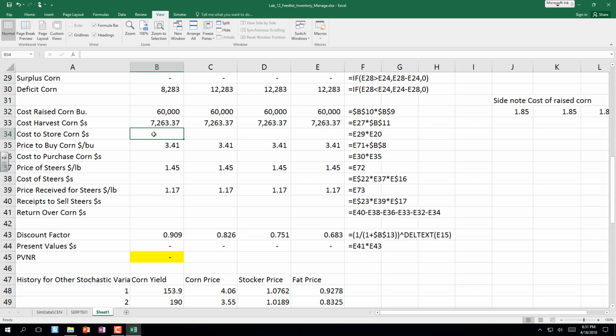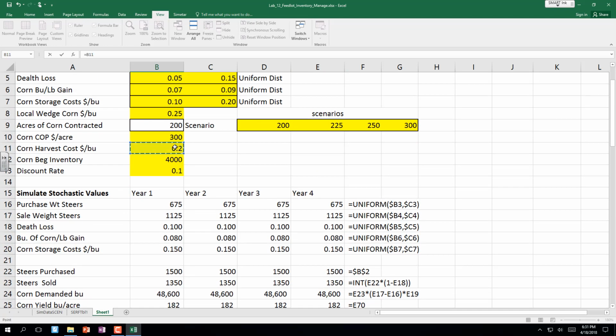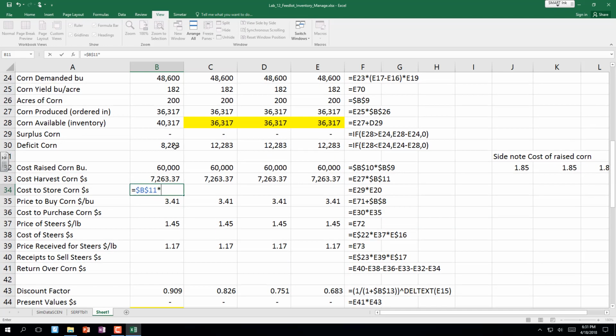And I put in a very low storage cost here, just assuming that this operation owned their own elevator they could store it in. So really all we've got is electric cost to keep circulating air through it. So it's equal to the storage cost up here in B11, and we'll hit F4 on that, times any surplus I have.